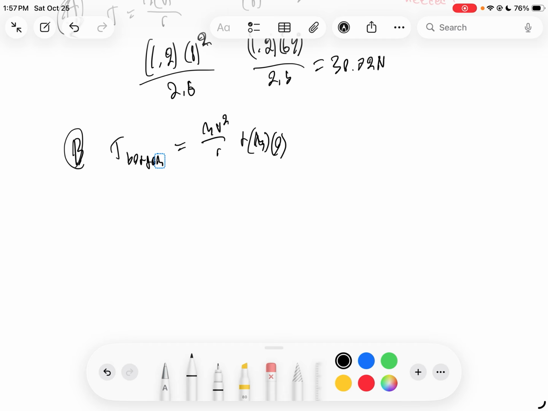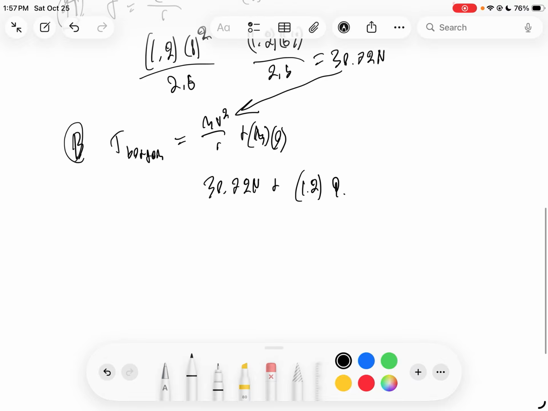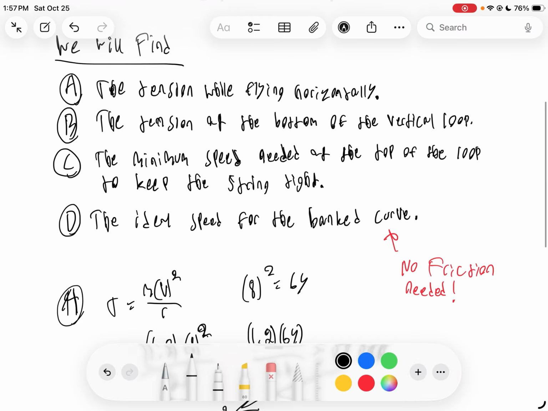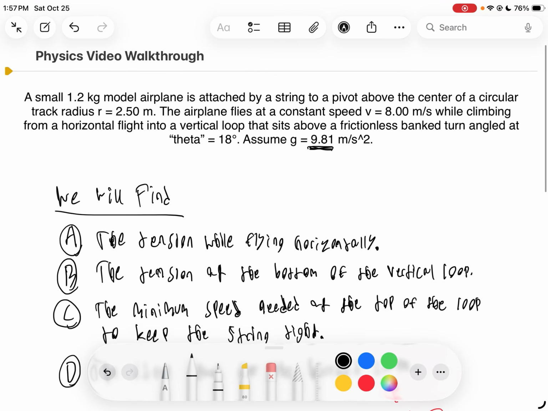So plugging in the values, we're going to plug this value in for that equation right there. So 30.72 newtons is going to be added to the mass, which we know is 1.2 kilograms, and because it's in kilograms, we don't have to change anything. And then 9.81 meters per second squared for the gravity, which was established up here.